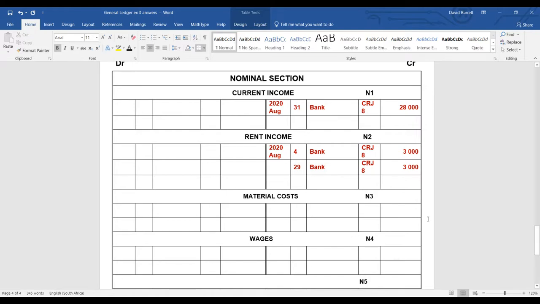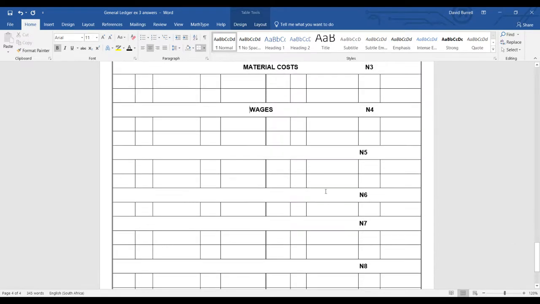Okay, we've got wages, and then we've got stationery as well. And we can just move it that way. And pretty perfectly. Okay, so those accounts, material costs, wages, and stationery, I've just made N3, N4, and N5.